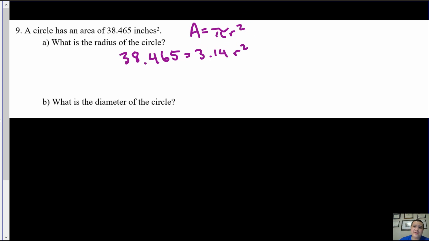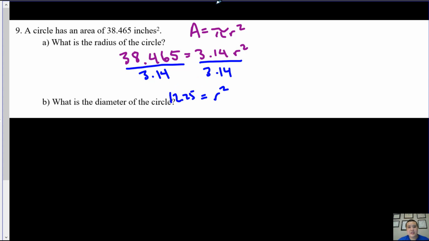And we're going to try to find what the value of r is. Okay, so in order to do that, we need to get rid of this 3.14. And we're going to get rid of it by dividing, because it's multiplied by the r squared. Okay, what we get when we do that is that r squared equals 38.465 divided by 3.14, 12.25.